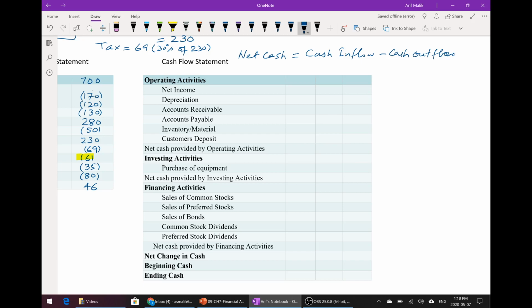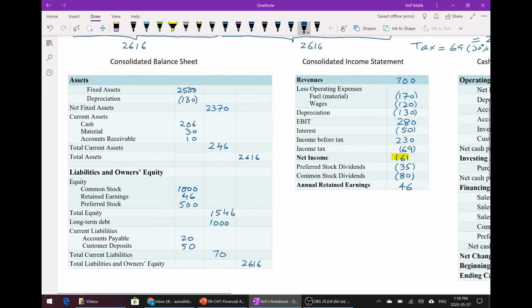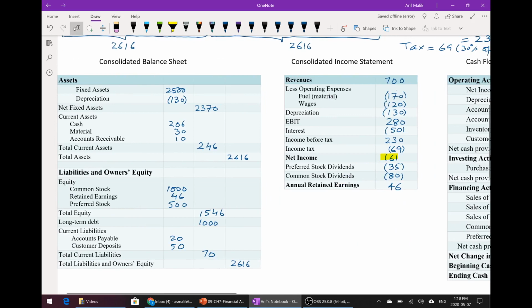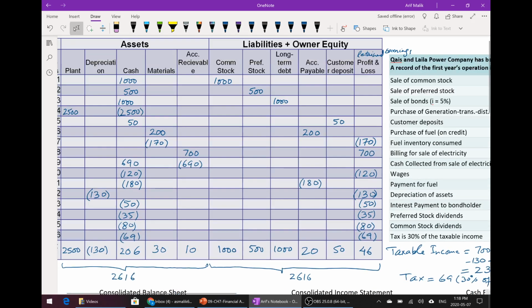And actually we got this from here. This is our cash, and it has all the sources of cash and also the application of cash, and finally we got 206.